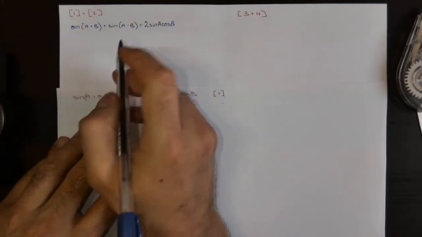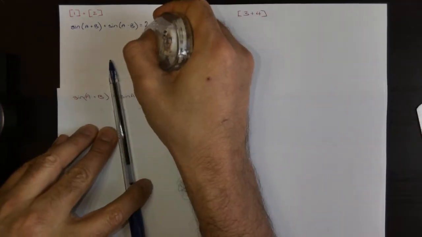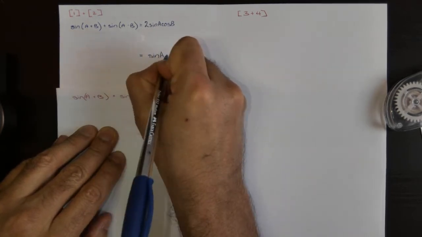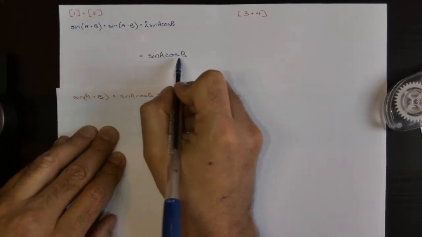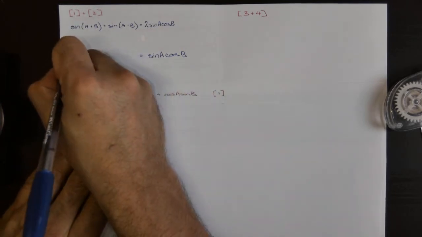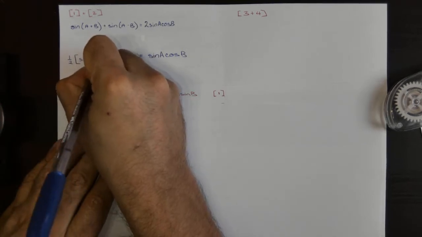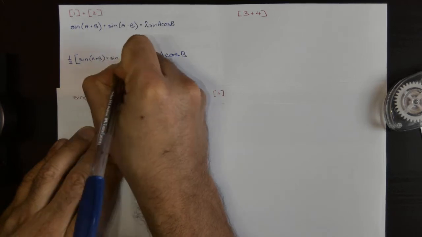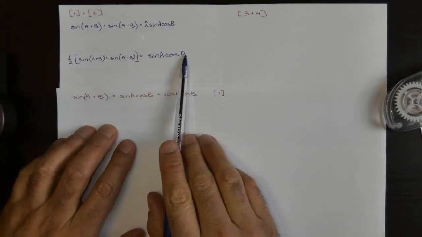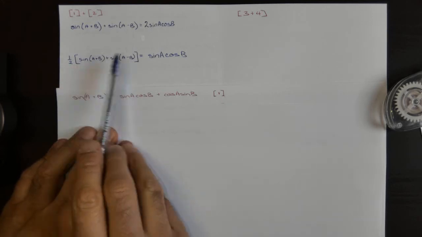If I divide by 2, I get the product sine A times cos B, which is a half of sine A plus B plus sine A minus B. The product of the two angles is half the sum of the sine of the sum and the sine of the difference of both angles.